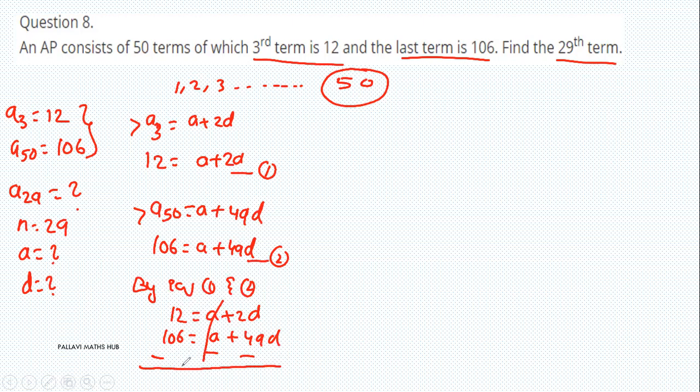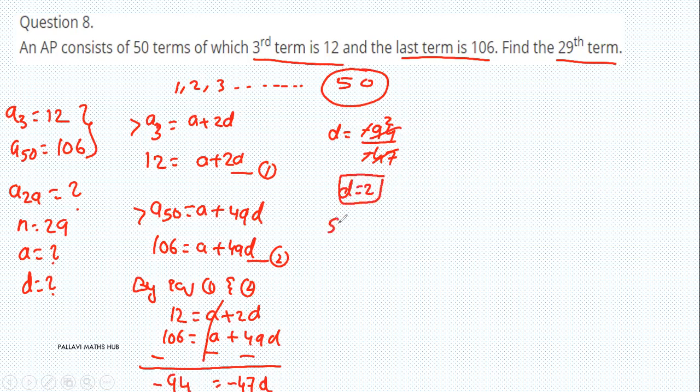Here 106 minus 12 is 94. Minus 94 is equal to 2d minus 49d, which is minus 47d. Next step, d is equal to minus 94 divided by minus 47. Minus minus gets cancelled. 47 twos are 94. You will get d is equal to 2.